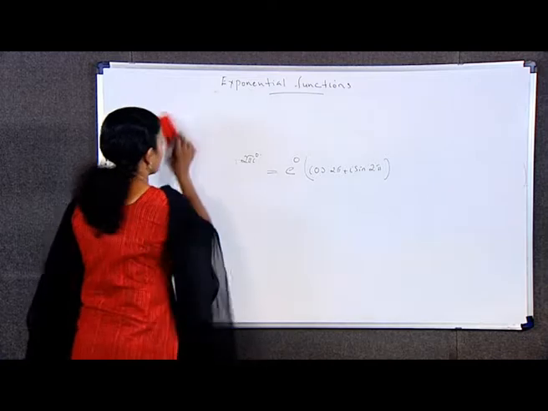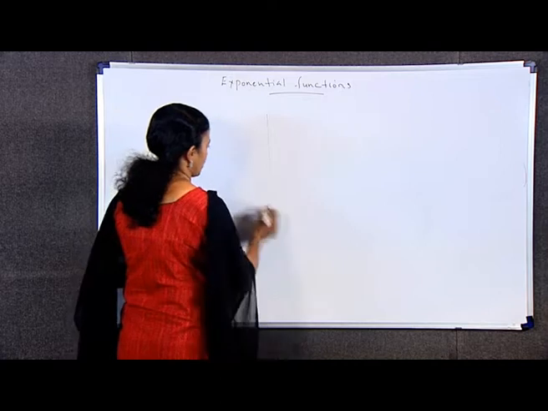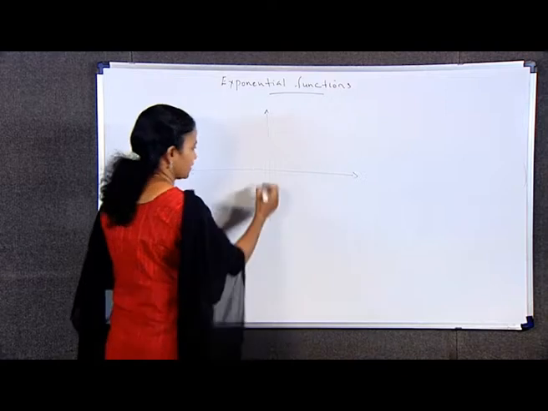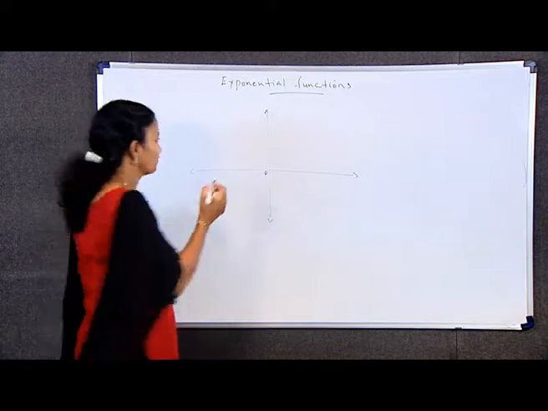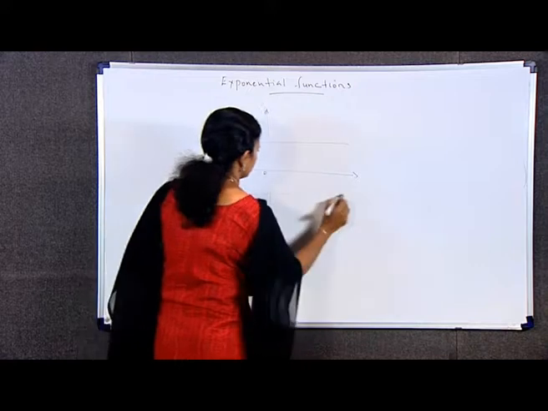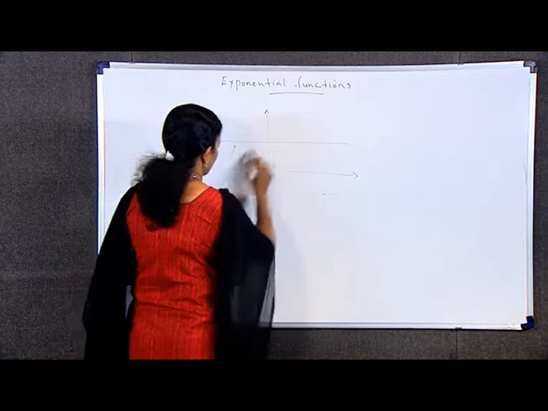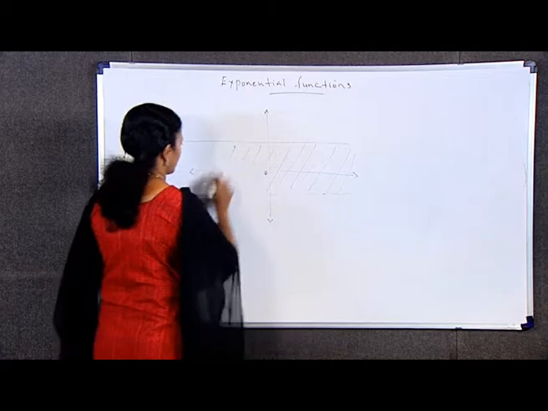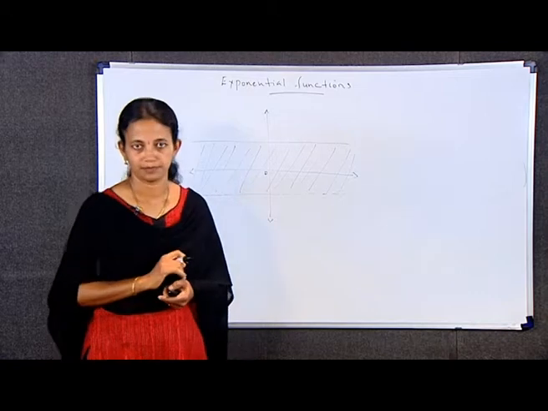That is, this is our x and y axis, this is the 0, 0 point. Here we have the infinite strip. This is the fundamental region of e raised to z.